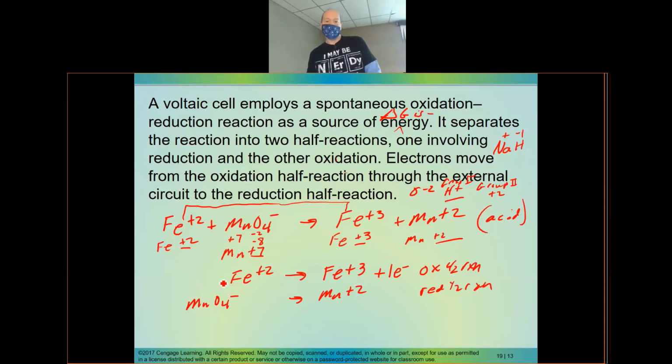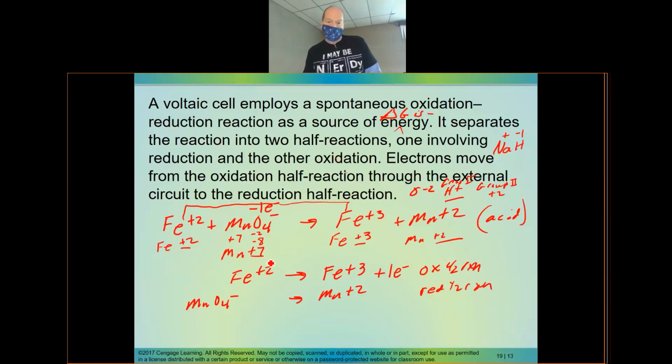All right, and so here I know that to go from a +2 to a +3, I have to lose 1 electron. An electron is a negative charge. If an Fe+2 loses a negative charge, it then has another positive charge.